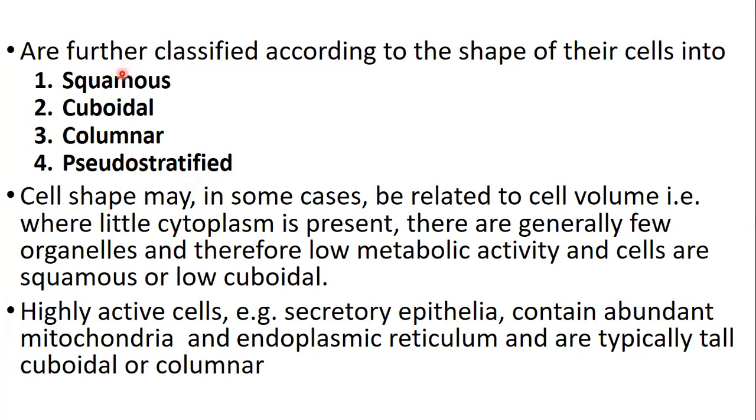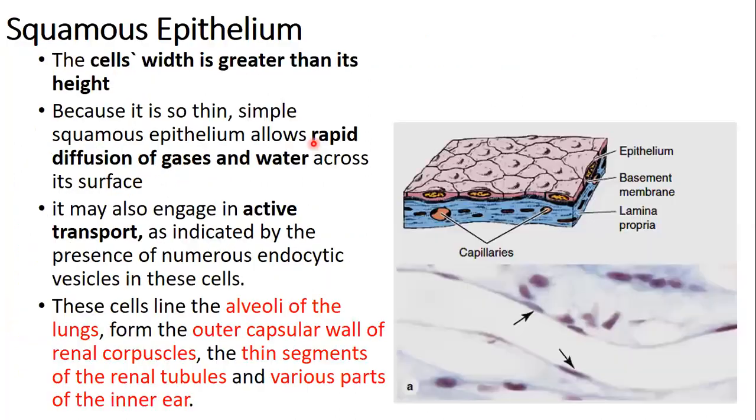We have flat cells, cubic shaped cells, which we call cuboidal epithelium, tall cells, which we call columnar cells. So let's go straight into it now. So we are still on classification number 2, which is classification based on the shape of cells. So let's begin with flat cells.